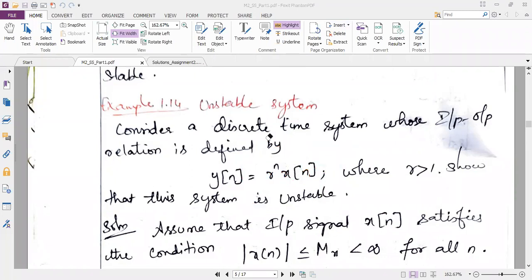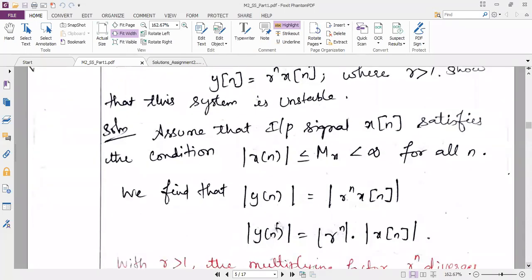To prove unstable, we need not write much. You can see on the screen how we have done it the same way. We initially assume that it is stable, and later we prove it is unstable. So the magnitude of x of n is less than small mx, less than infinity. Now I am taking the magnitude of y of n, which is the magnitude of r power n times the magnitude of x of n.